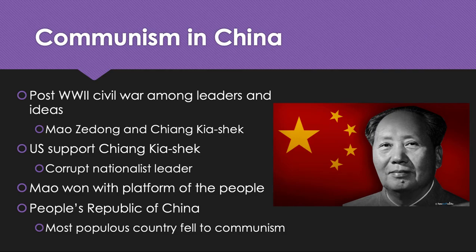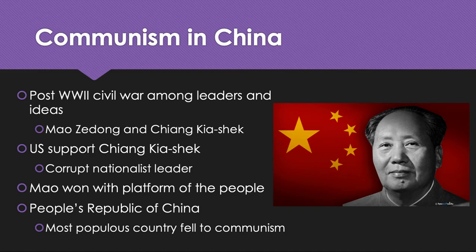We are going to see that the United States is going to get itself involved with a civil war among leaders and ideas post World War II in communist China. Now, when we look at what was happening in China, we kind of have to go back to the year 1946, a year after Japan's surrender in World War II. A civil war is going to break out between a group, the KMT, and communist forces.